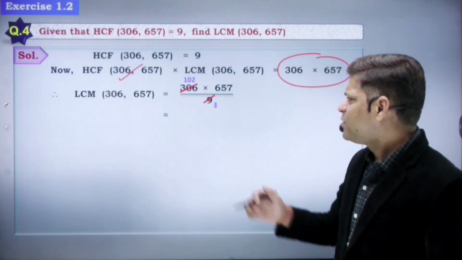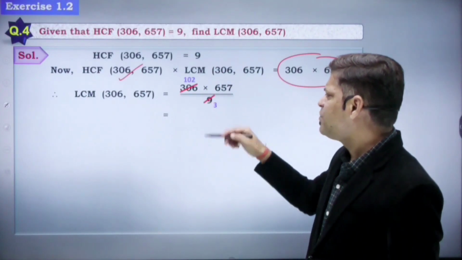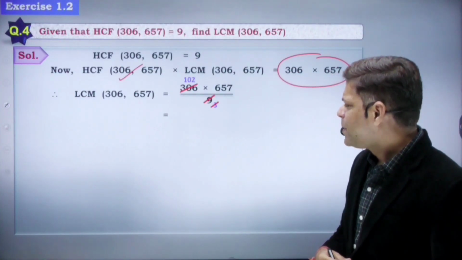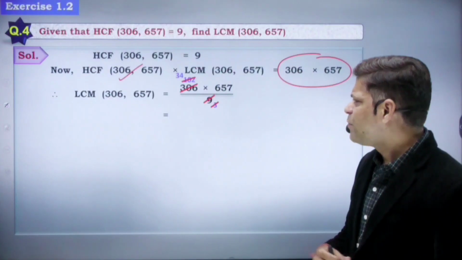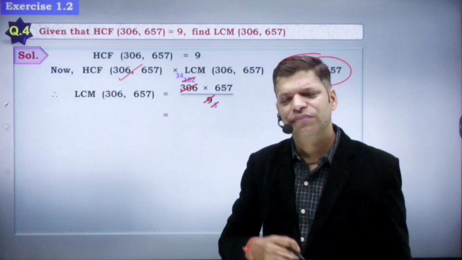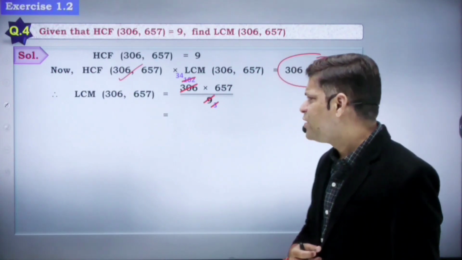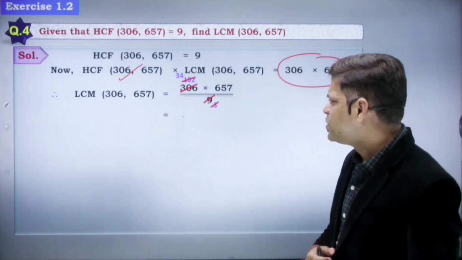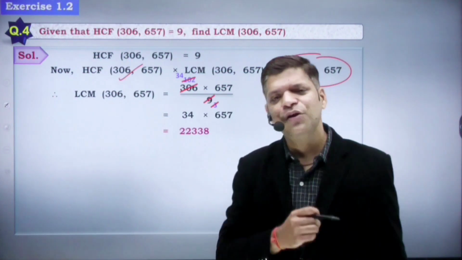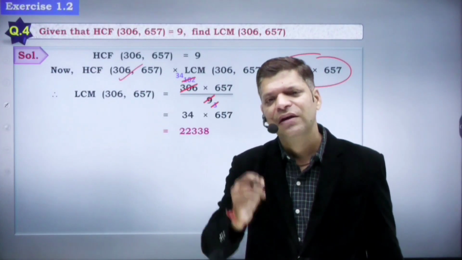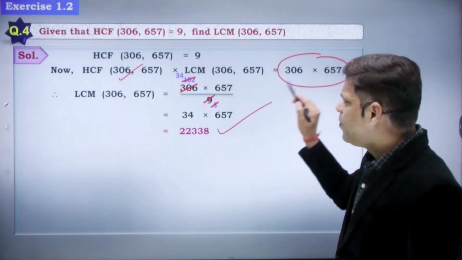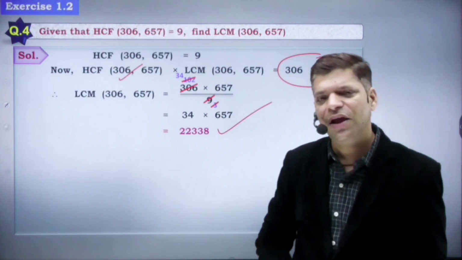They both cancel out, 102 times and 3 times by 3, and then this 102 cancels out by 3, 34 times. Or directly you can cancel out 306 by 9, 34 times. And now just 34 multiplied by 657, then it will be 22,338. That is the LCM we found by the relation.